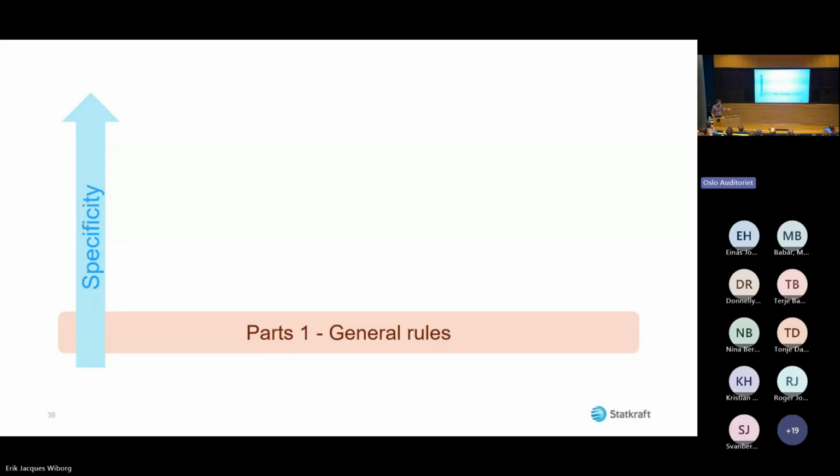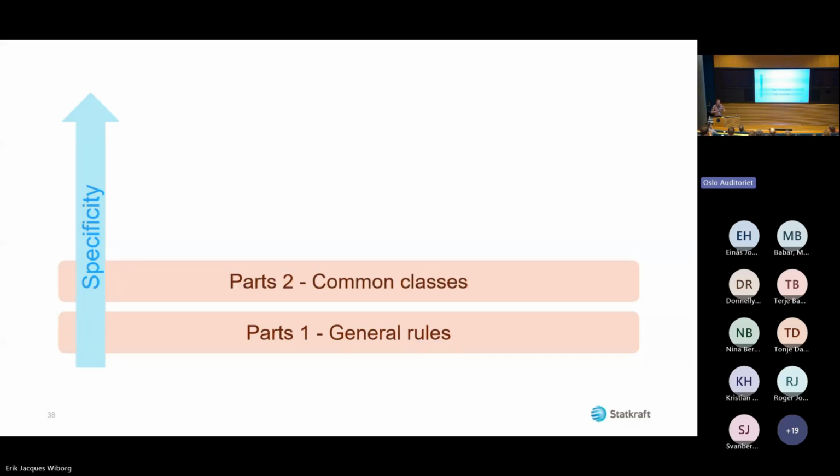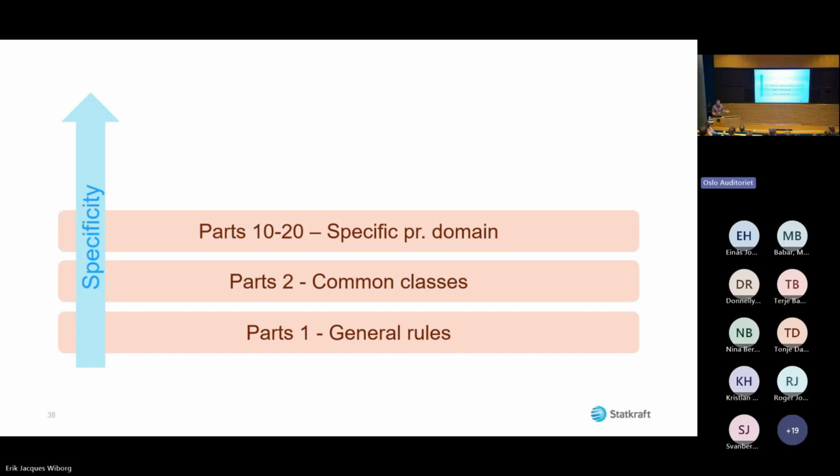But in terms of specificity, as I said, part 1 just has the really general rules, and you need to be more specific according to what you're working with. So parts 1 and 2 are common for everyone, no matter if you're in oil and gas, power, or utility. Then you'll have parts 10 to 20, which are specific to general domains: construction works, power, or manufacturing.